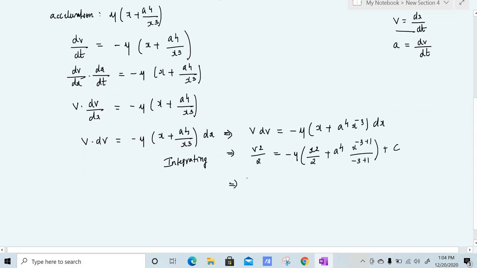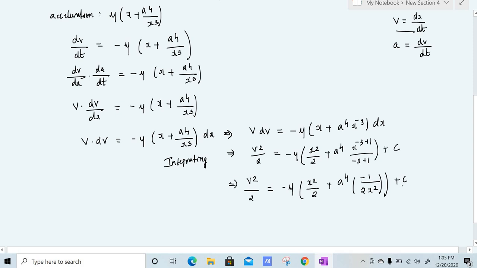So v²/2 = −μ[x²/2 + a⁴ · x⁻²/(−2)] + c. I can write x⁻² as 1/x², so this becomes −1/(2x²), plus c, right?